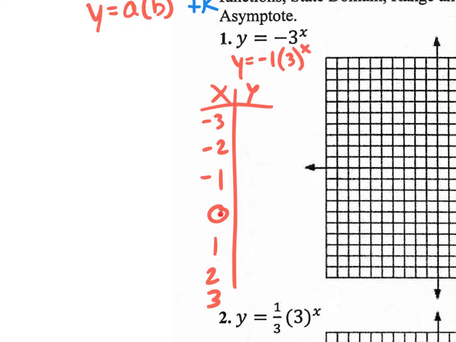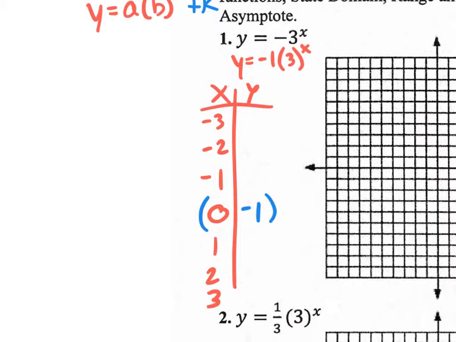So 0 plugged in here is going to give us 3 to the 0. What's 3 to the 0? 1. And what's 1 times -1? -1. So our input 0 gave us an output of -1. And that is a coordinate.